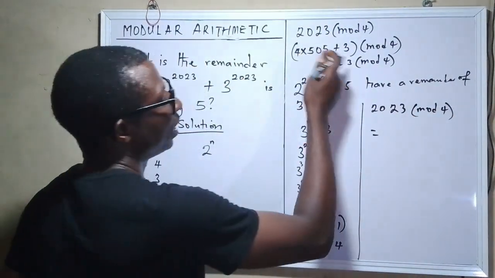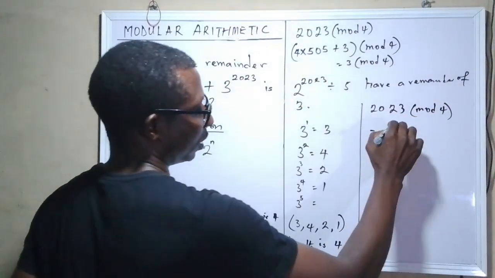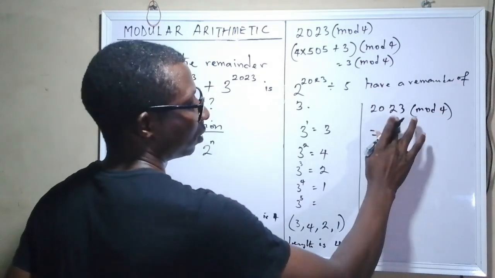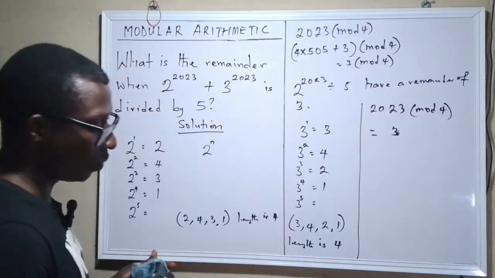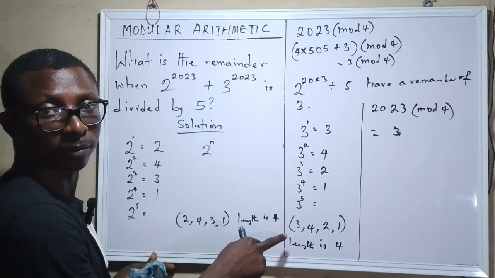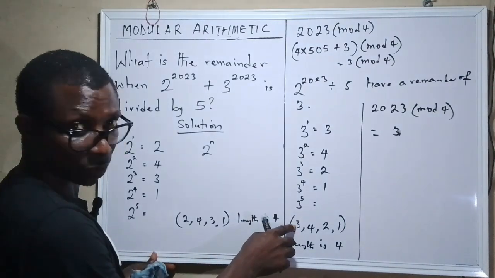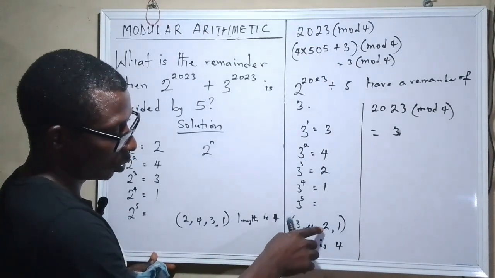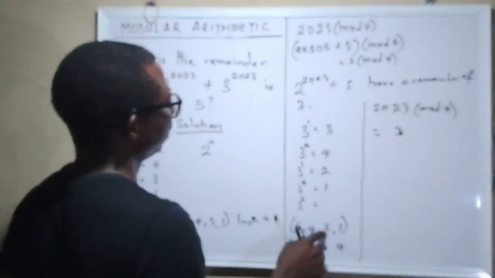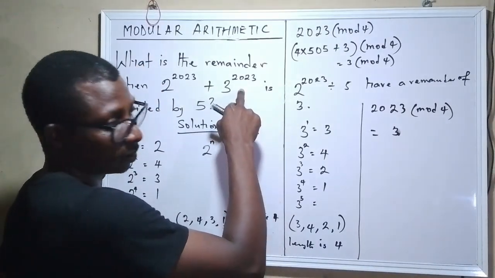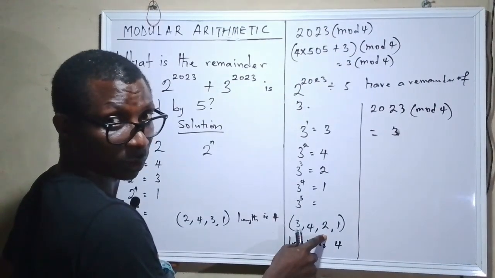Of course, we have done that before, so it's going to be 3. So you come here and count 3. Position 1, position 2, position 3. So the remainder, when this is divided by 5, is going to be 2.